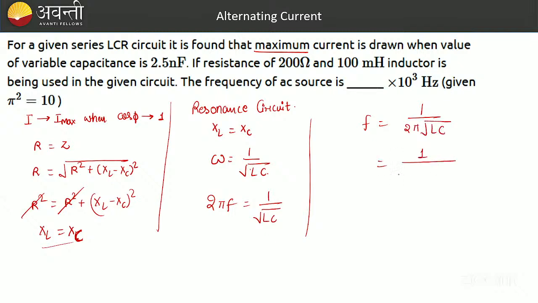1 upon 2 pi. L का value is already given, 100 millihenry, 100 into 10 raised to the power minus 3. Convert it into the SI units, and capacitor is given as 2.5 into 10 raised to the power minus 9 farad. We have converted nanofarad into farad.